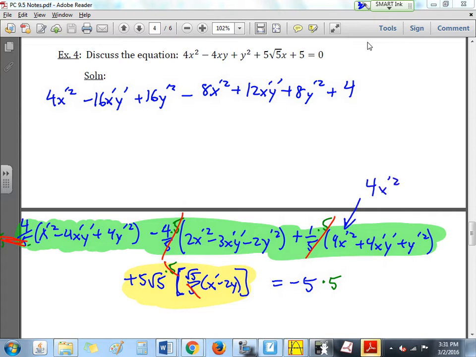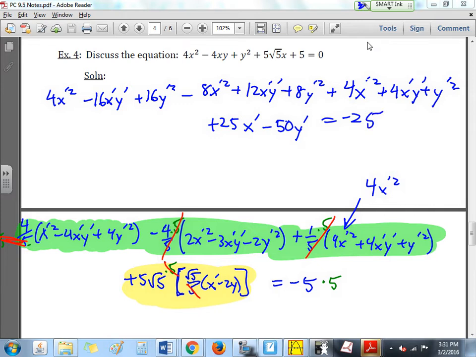So plus 4x prime squared plus 4x prime y prime plus y prime squared plus, okay, and then the yellow term, this yellow term is 5 rad 5 times rad 5, so that's just 25, so basically plus 25x prime minus 50y prime. Mr. Shore has already distributed everything, and I also remembered to multiply the right side by 5. So everything's properly distributed. It's time to see if the bully went away.